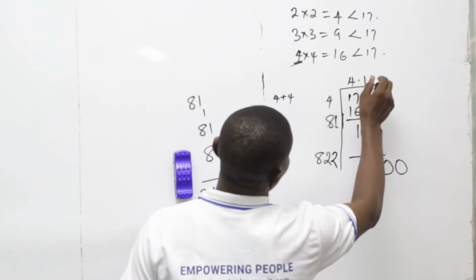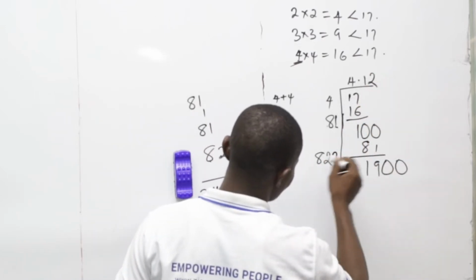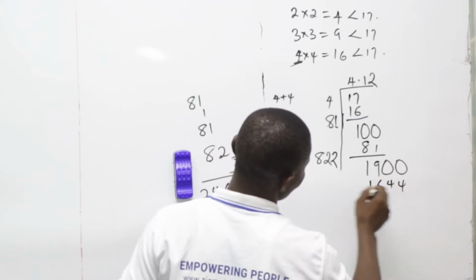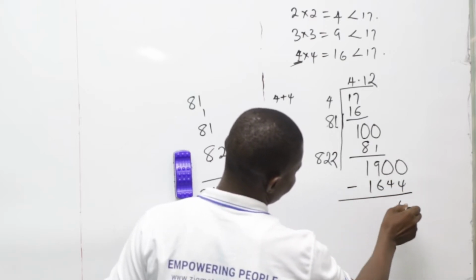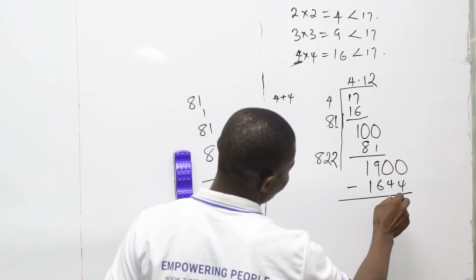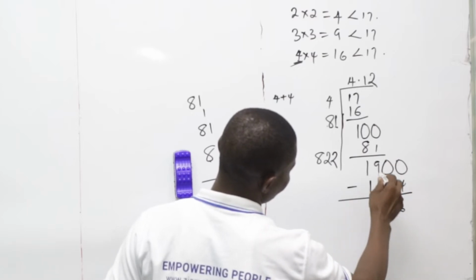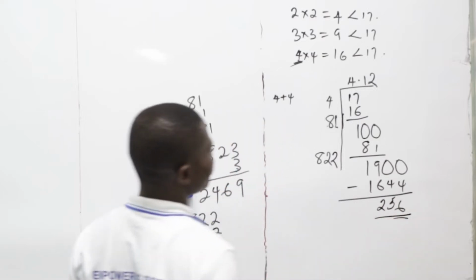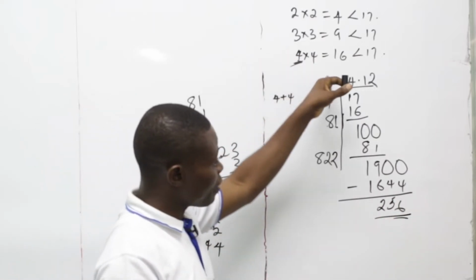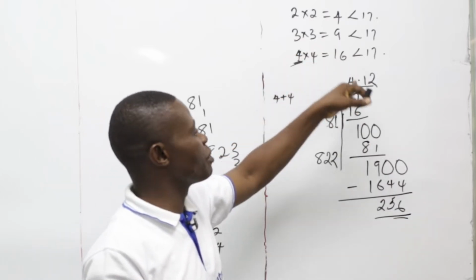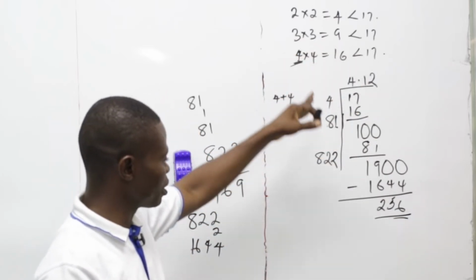Okay? You write 2. When you do that, you have 1644. You subtract. This is 6. This will give us 5. Here is remaining 8. This is 2. 256. For the facts, you have gotten the first two decimals after the point.